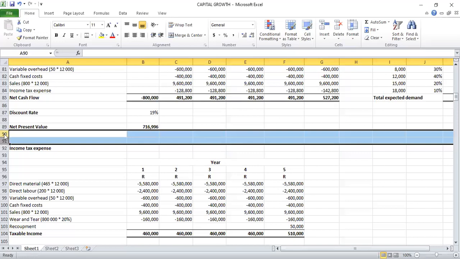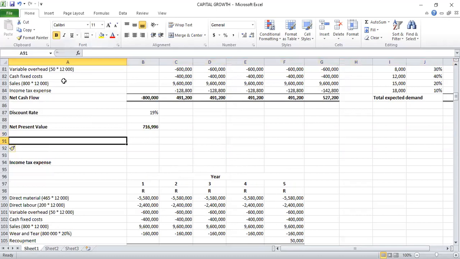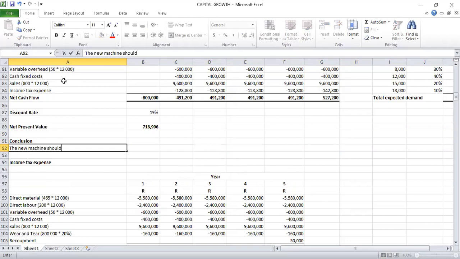Then you don't just calculate the net present value. You also have to make sure that you give a conclusion that the new machine should be purchased as it results in a positive net present value.